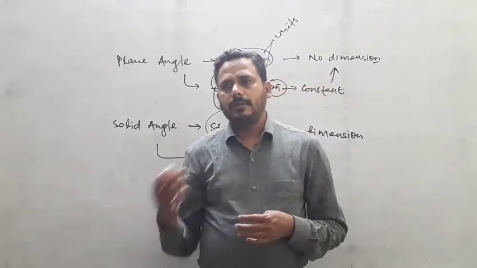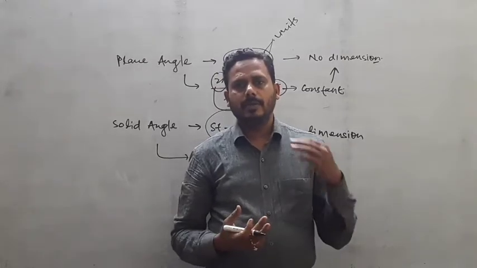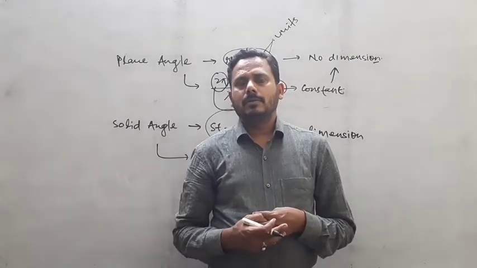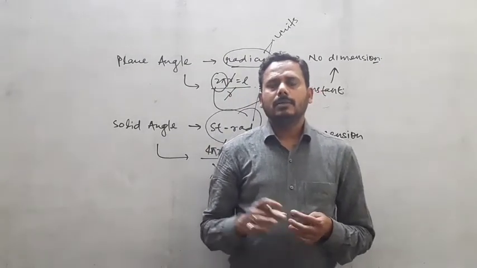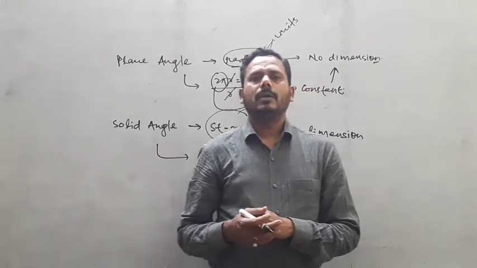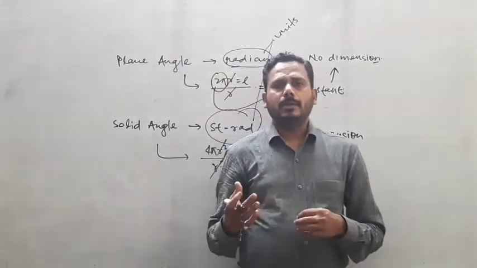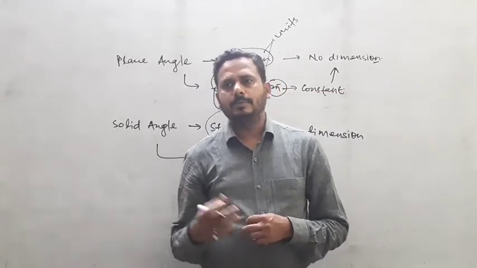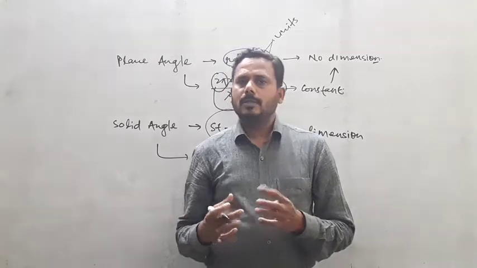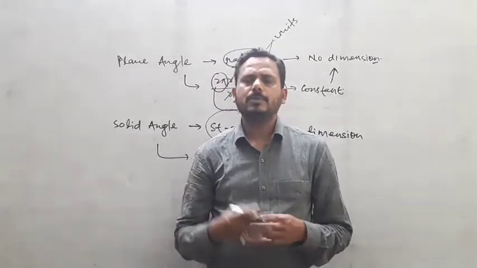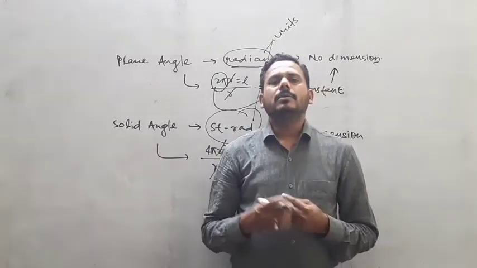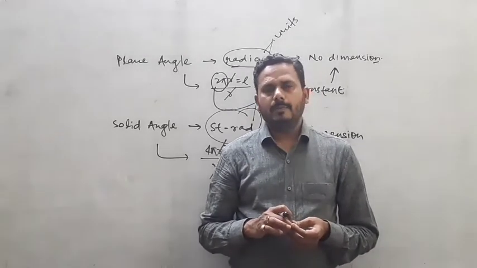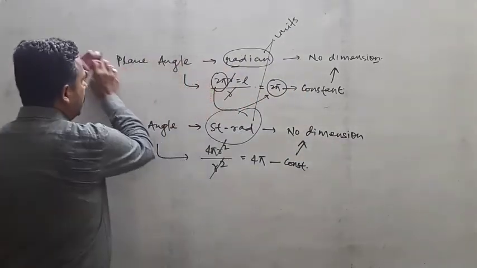When it enters another medium, either rarer to denser or denser to rarer, with angle R2 or I2 and refractive index mu2, we get mu2 sin I2. This mu is the index of the medium.